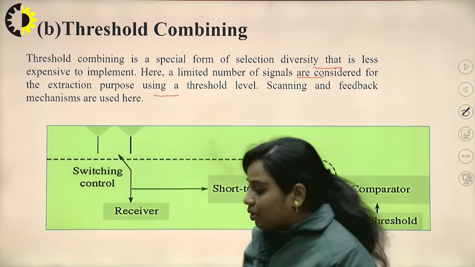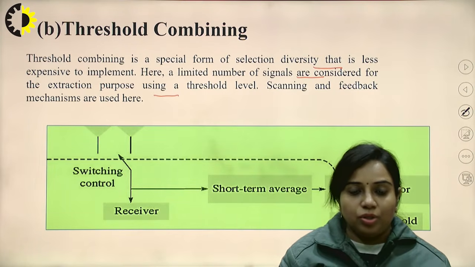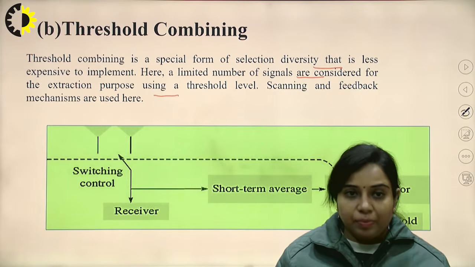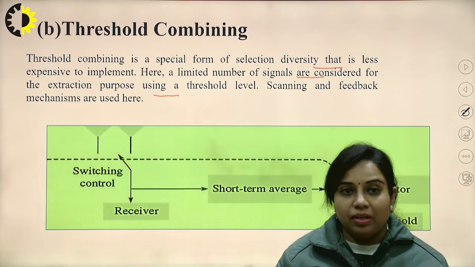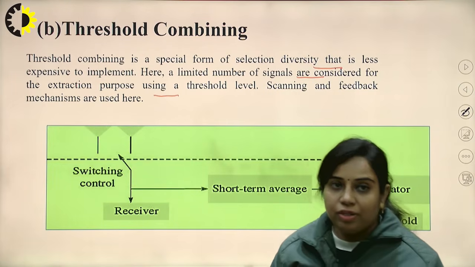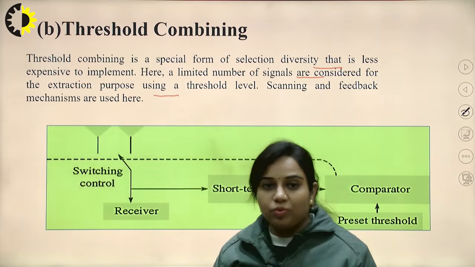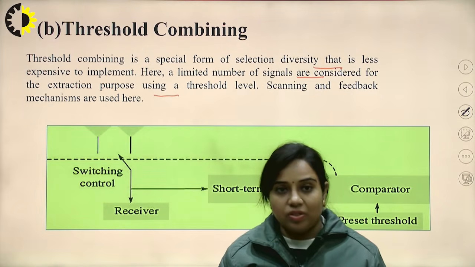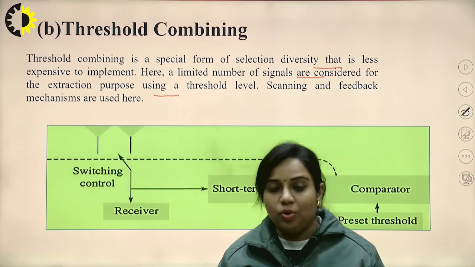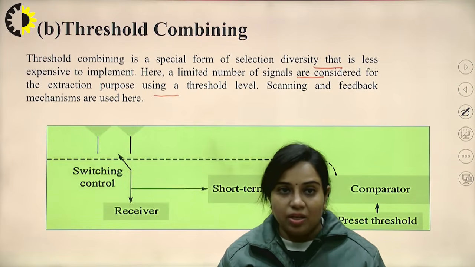A threshold is set up so that it will take the signal which has crossed that particular threshold value. Scanning and feedback mechanisms are used here. Why is scanning done? Because whatever signal we have received has to cross a particular threshold value. When it crosses the threshold value, it will be received as a better option.